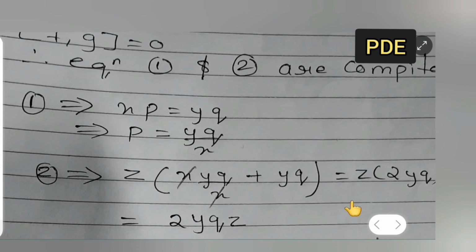Equation 1 implies xp is equal to yq. Keeping p as it is, p is equal to yq upon x, taking this x down. So you got the value of p.